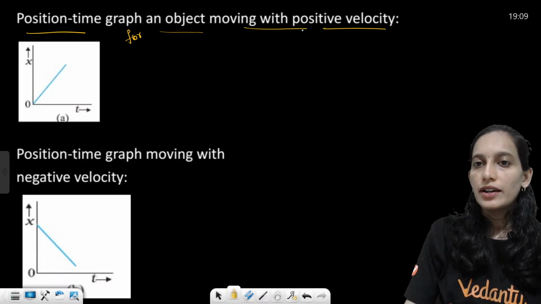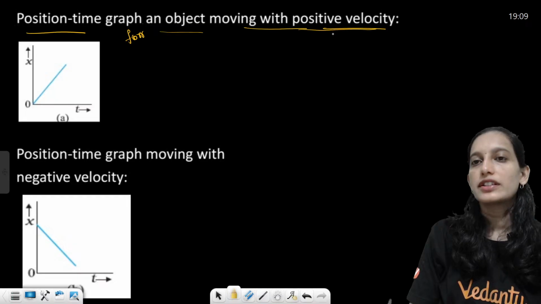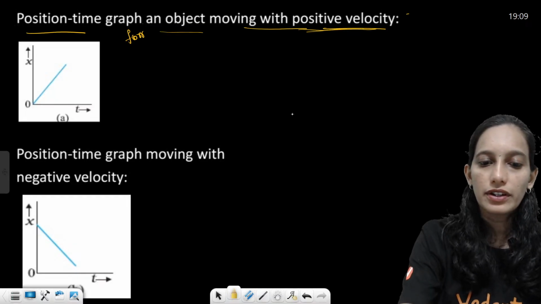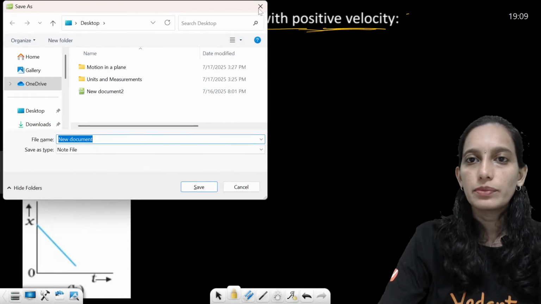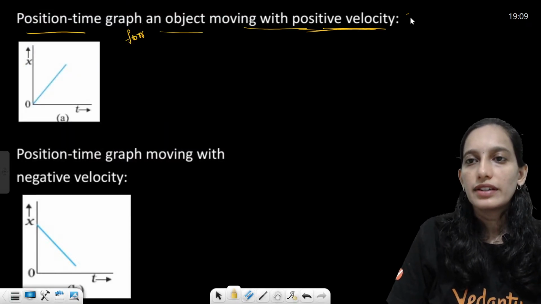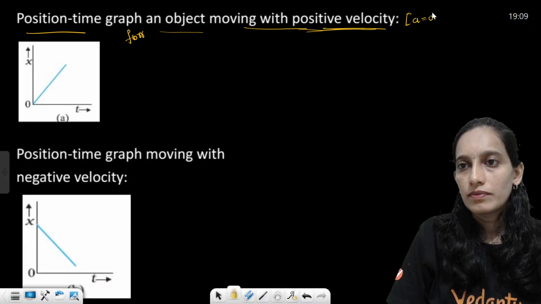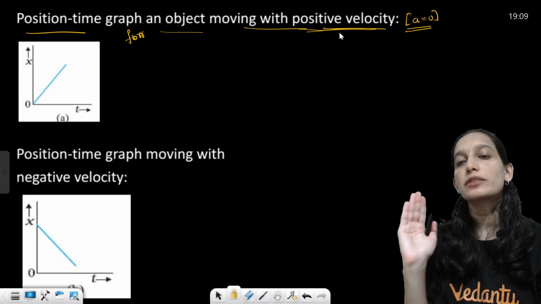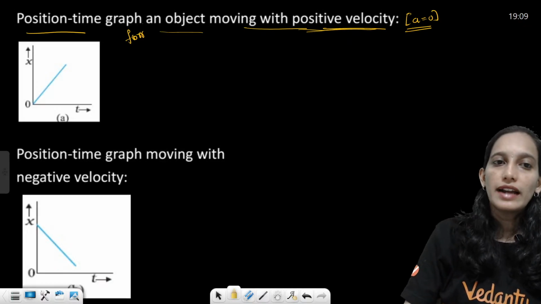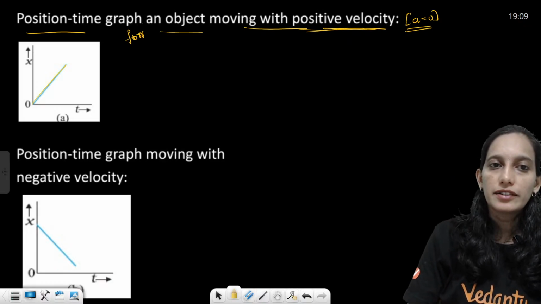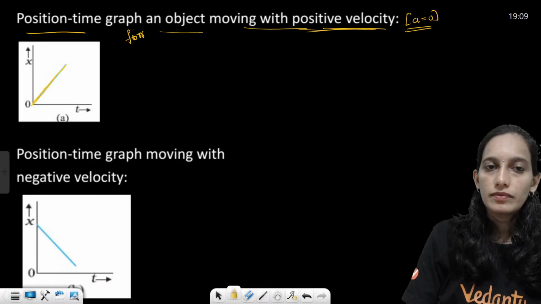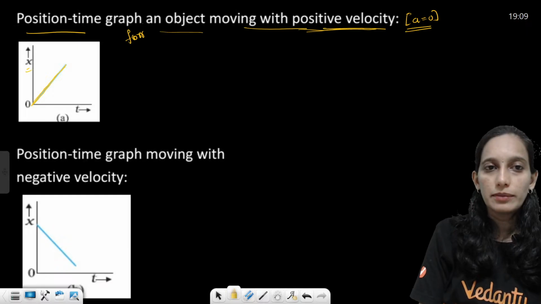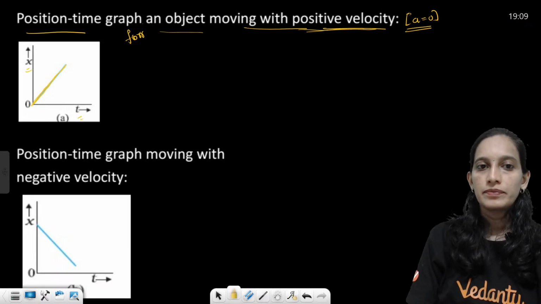In this case positive velocity is given, and we are assuming that acceleration is 0. Some constant positive velocity is there. So in that case we will get a straight line. The position time graph will be a straight line.